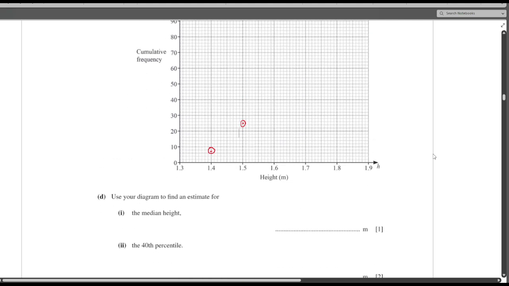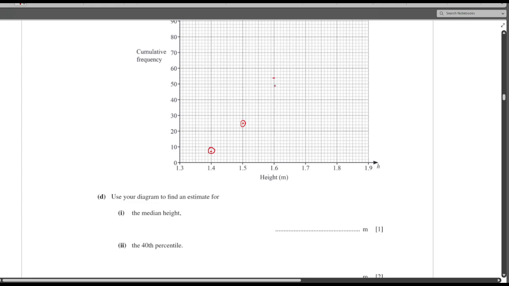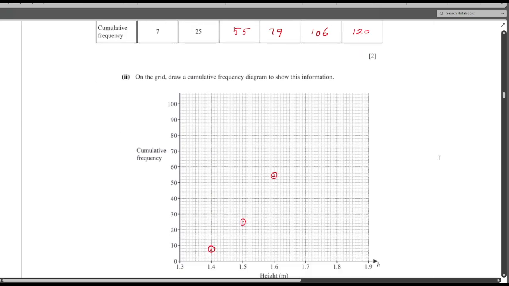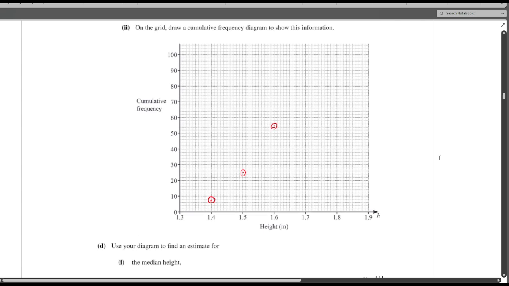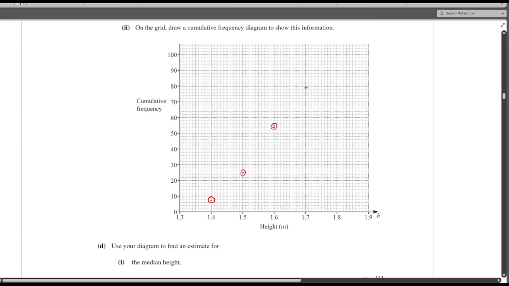Then 55 at 1.6. So this is 40, 50, and 55 will be here in between. Then 79: this is 60, 70 and 79, so near about 80.